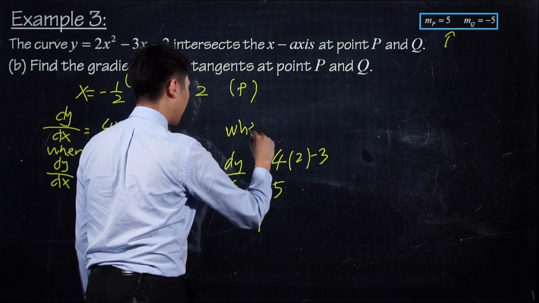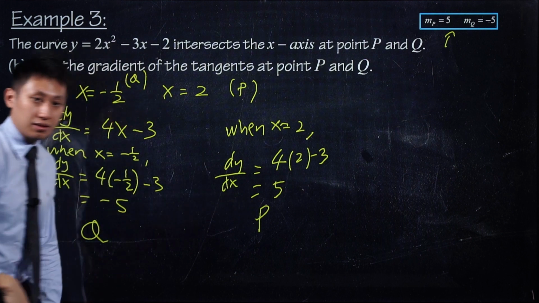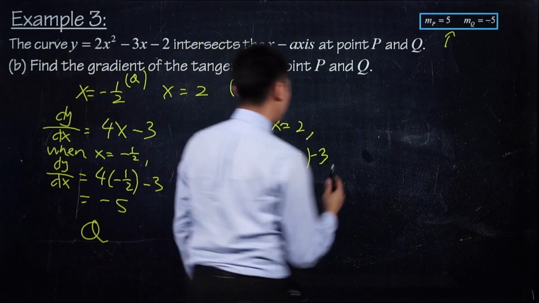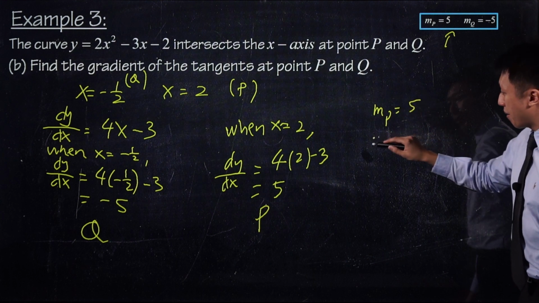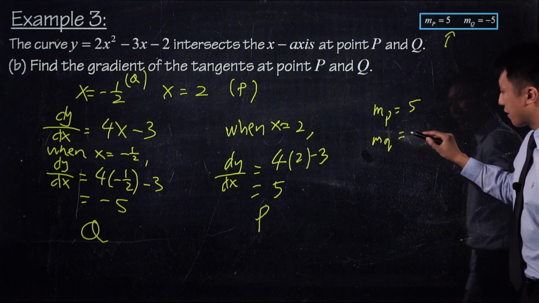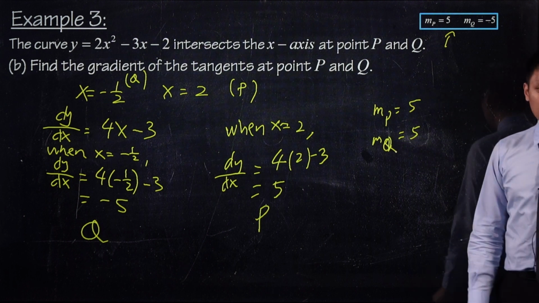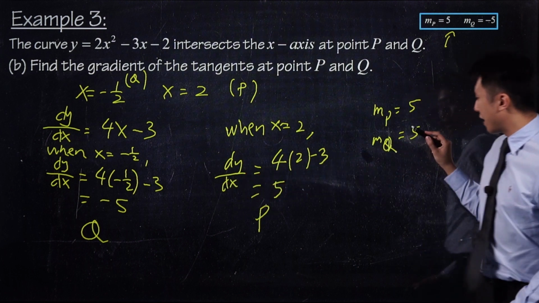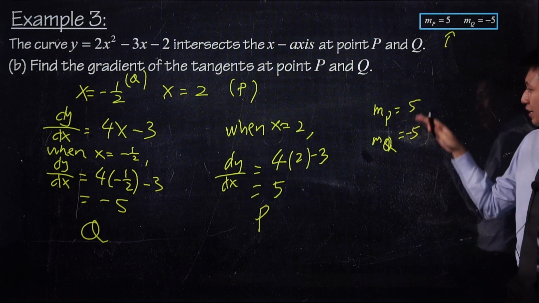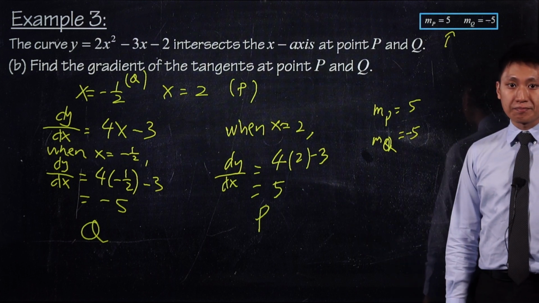When x equals 2, dy/dx is equal to this. Then I'll get mp is equal to 5, and mq is equal to negative 5. I wrote it wrongly, sorry. mq is negative 5, not also 5. They are different. One is negative 5, one is positive 5, right?